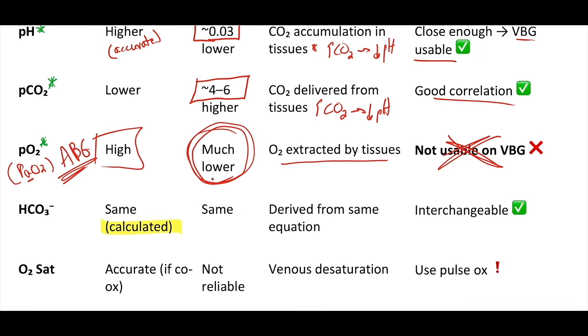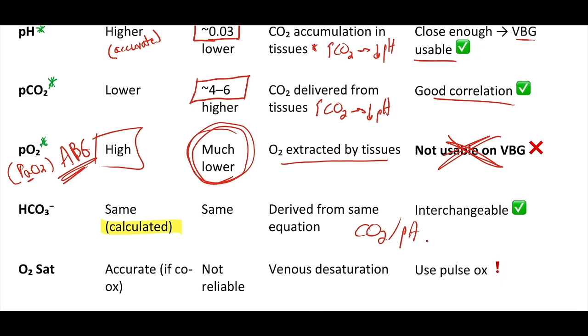So they're accurate only insofar as the math equation used to derive them is accurate. And remember, the bicarbonate is calculated using the CO2 and the pH. So a venous bicarbonate uses the venous CO2 and venous pH. We already said the venous pH is often 0.03 lower than the arterial pH, and the venous PCO2 is often 4 to 6 higher than the arterial CO2.